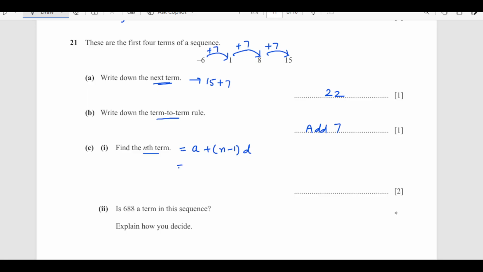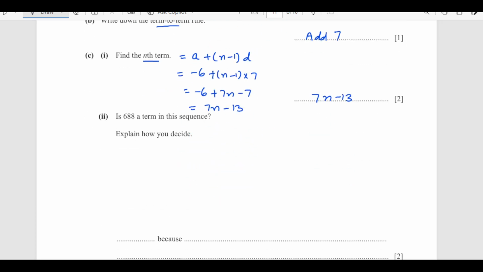The first term here is -6, plus n minus 1, and the common difference is 7. So this is -6 plus 7n minus 7, which is going to be 7n minus 13. That's the nth term.